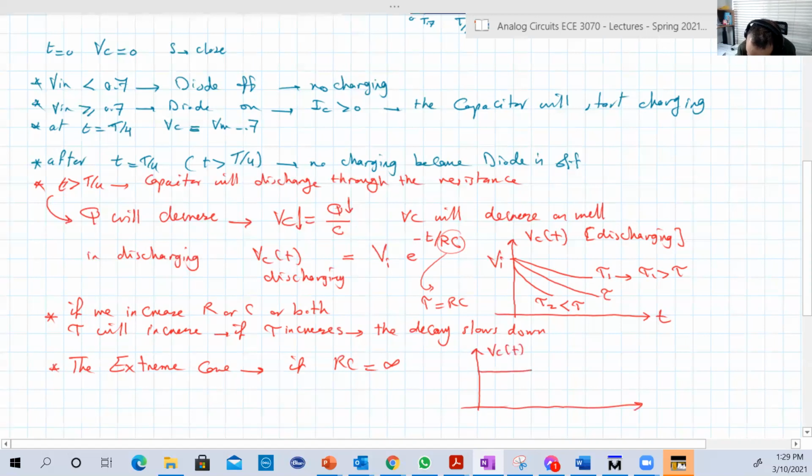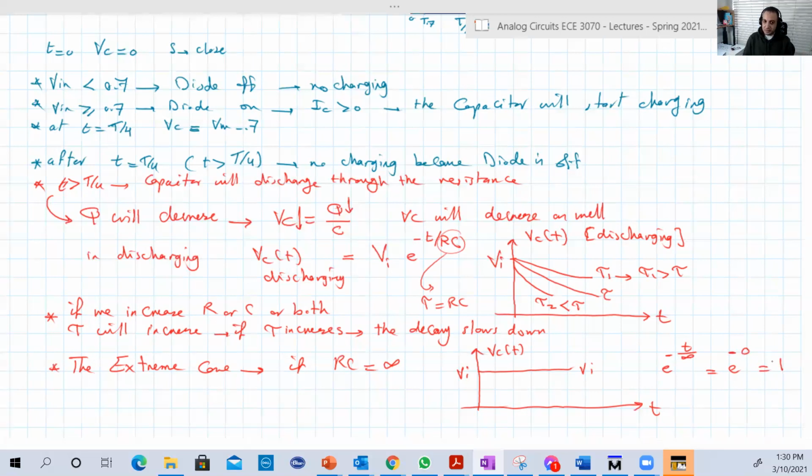It will be like this, constant equal to Vi. And why is this? Basically because e to the power of minus t over infinity is equal to e to the power of minus 0, which is just 1. So Vi times 1 is just Vi. Good. And that will basically be DC.